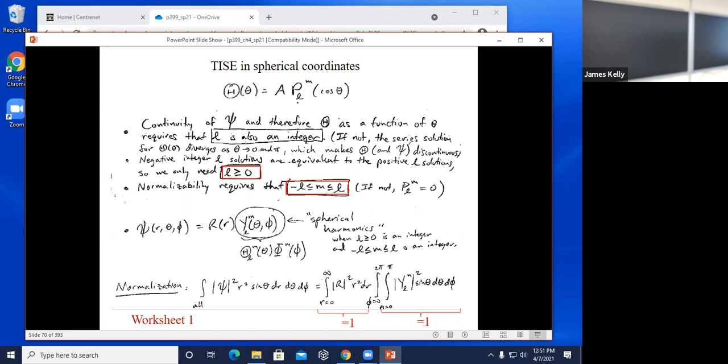It's easy, but you have to decode a few things before you realize how easy it is. I've left up here the fact that normalization means forcing this double integral to be 1. So we essentially have to do that double integral and require that it's 1 with an a out in front and see what a has to be.